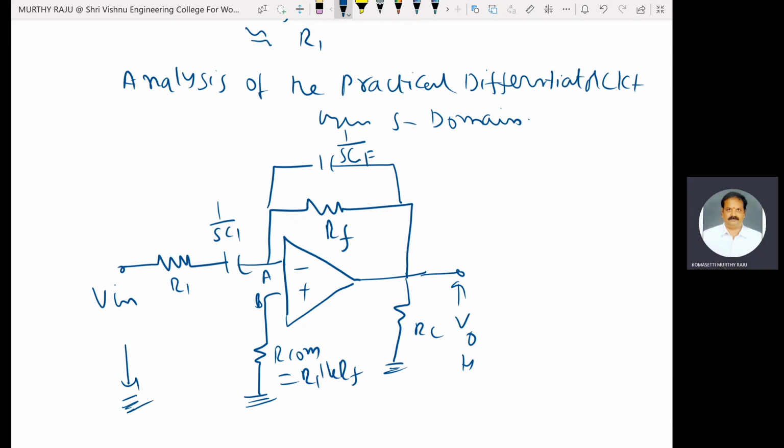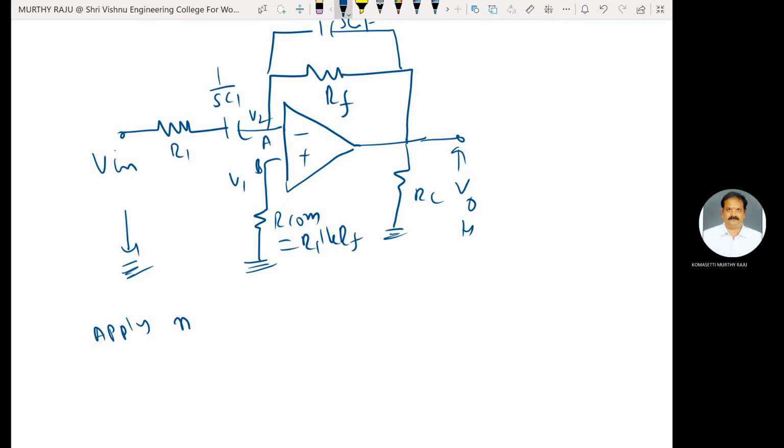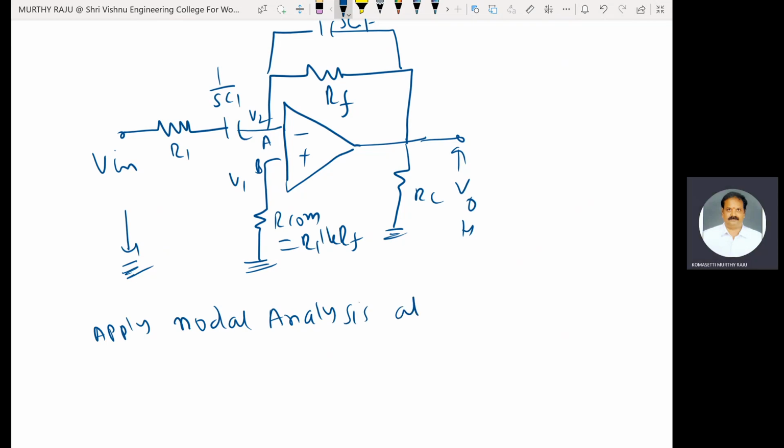Now find out the frequency response function, the magnitude response of that practical differentiator circuit. This one is V1, this one is V2. Apply nodal analysis at V2.